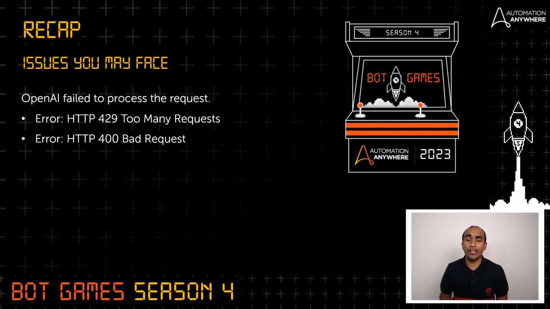In this case, you can always add a delay so that you're not hitting the server in a very short span of time. Also, sometimes you may get 400 bad requests. I've heard there are multiple reasons because of which you may get this error. One is if you are consuming too many tokens. And sometimes if you just rerun the automation, you should be able to resolve this issue.